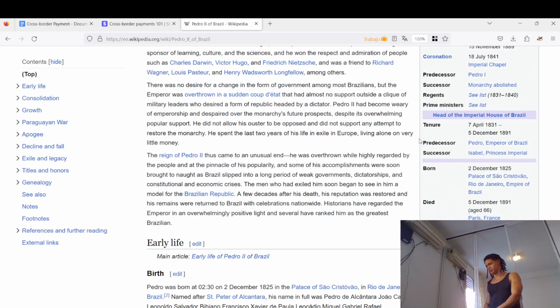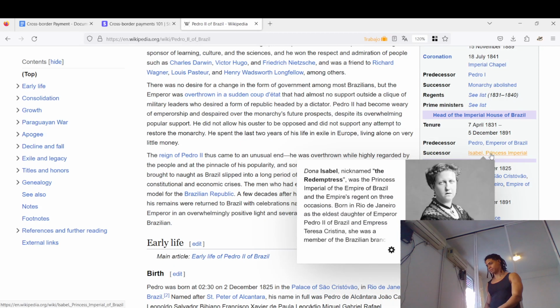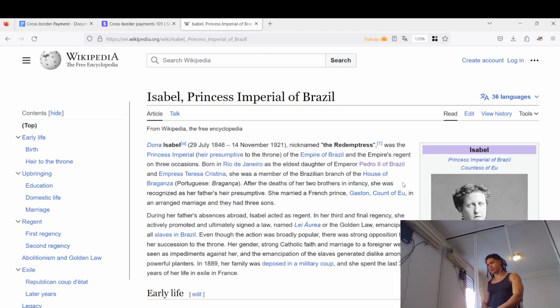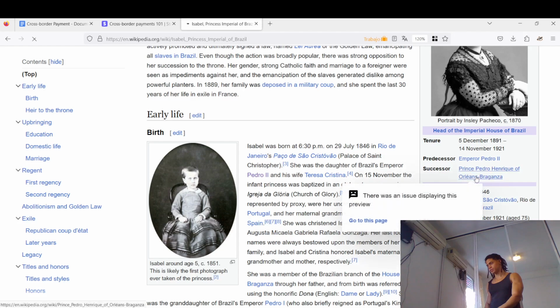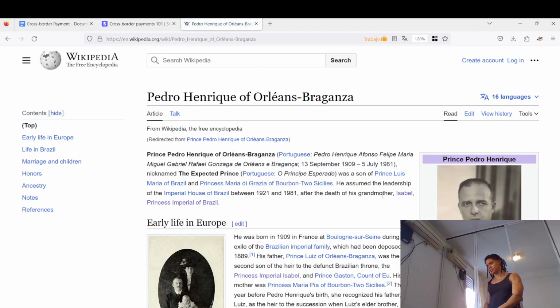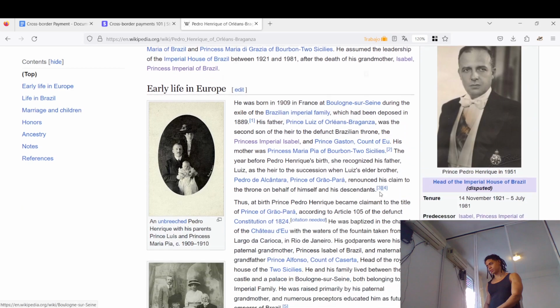Pedro, interesting. Isabel. Head of the Imperial House of Brazil, disputed.